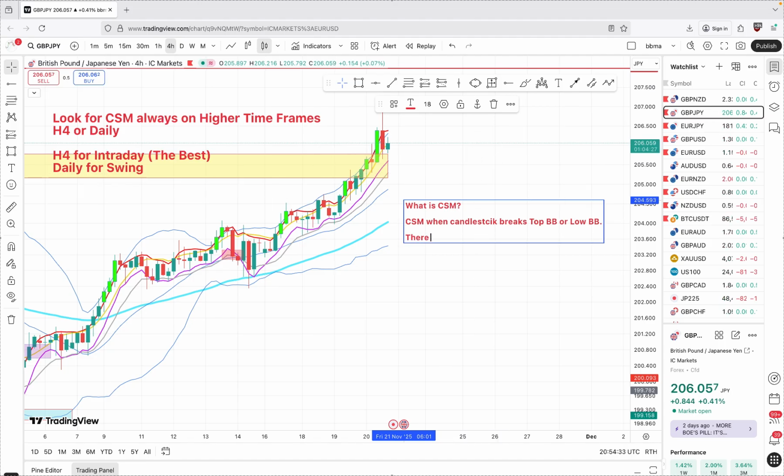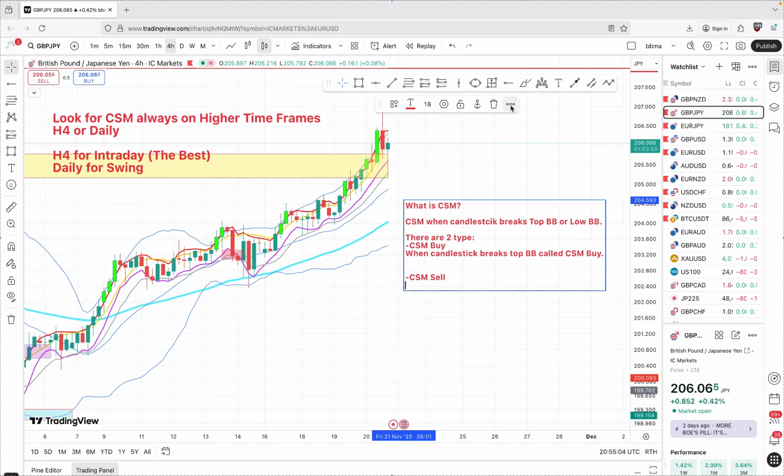There are two types: CSM buy and CSM sell. When a candlestick breaks top BB, that one is CSM buy.